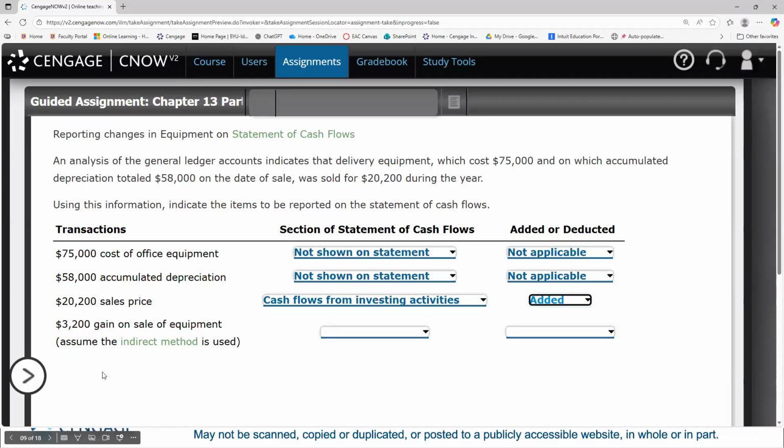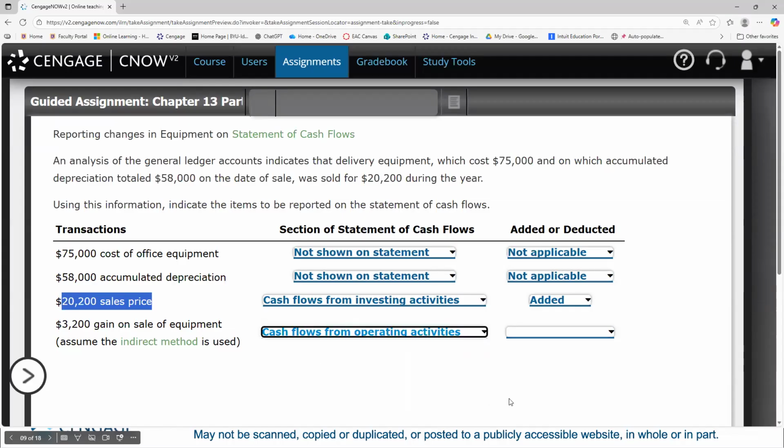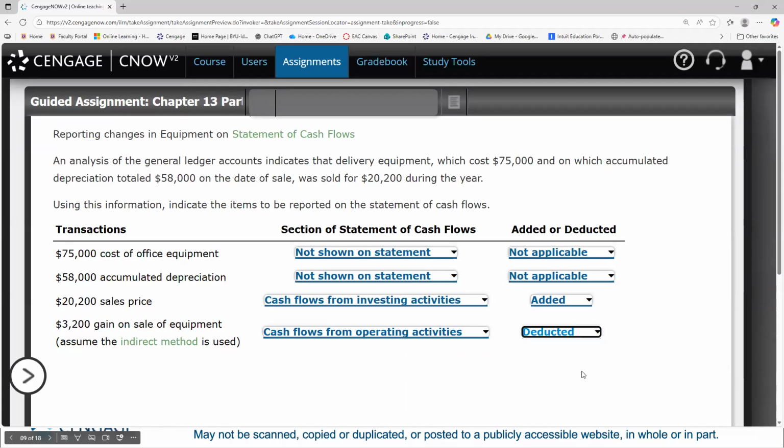And so that's a little weird, but what's happening here is we're showing the total amount of cash that we got for the asset, $20,200. So what we have to do then is put any gain or loss in the operating activities section, and we're going to deduct it. Okay, so we deduct gains and add losses.